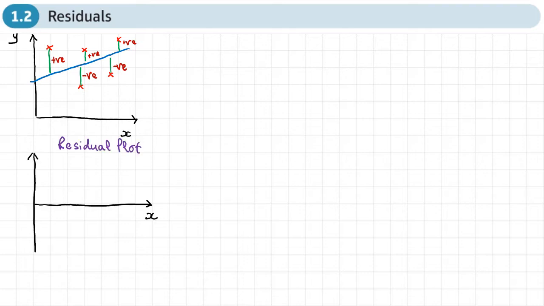Now what we can do is plot these residuals on something called a residual plot, and we use the Greek letter epsilon here to represent each of our residuals. So I'll just put here epsilon, and that's what we use for our residual. And what I've done is I've plotted here on this bottom diagram the residuals based on this regression line and these data points here.